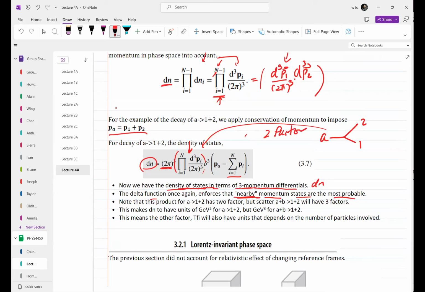But if we're dealing with scattering, let's say A, B scatter to 1, and then maybe exchange some boson between them, now there are 4 particles. This will give you 3 factors on that product. Why is that a problem? Anyone want to chime in?